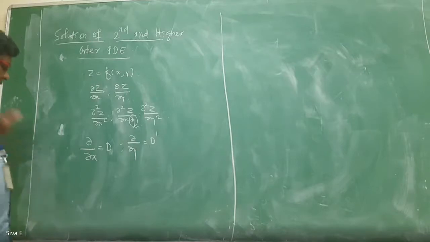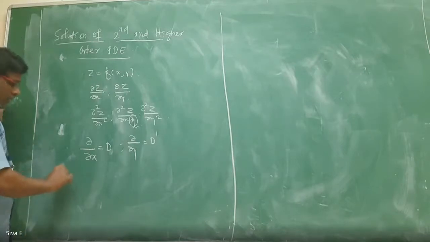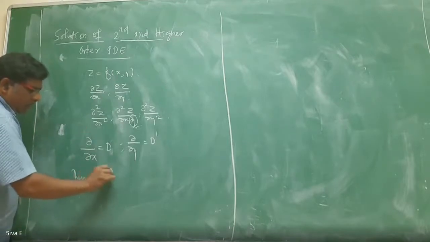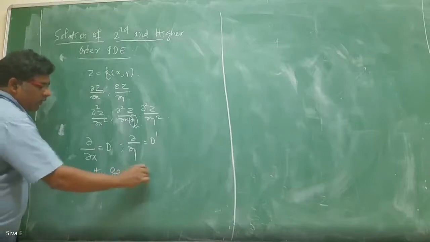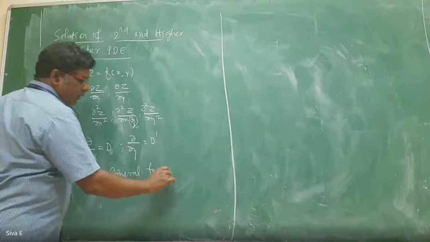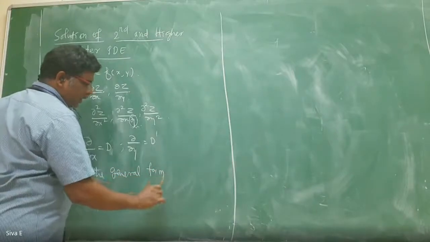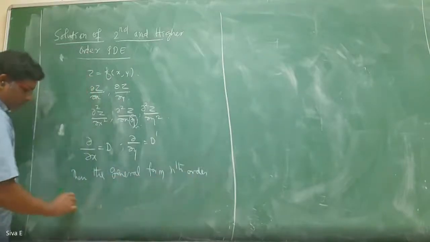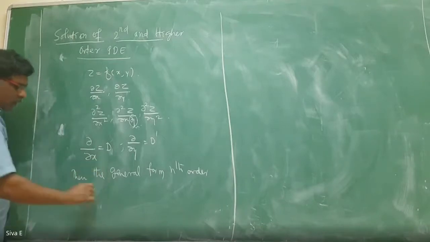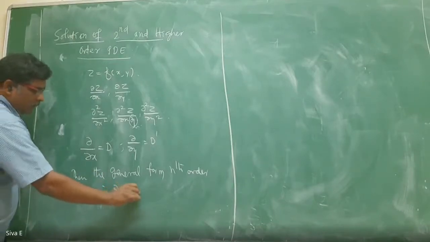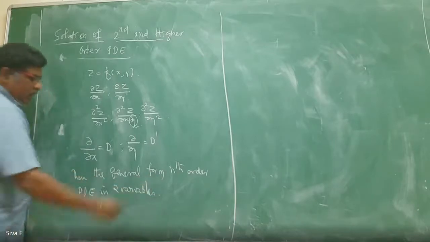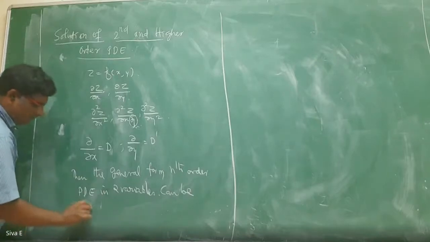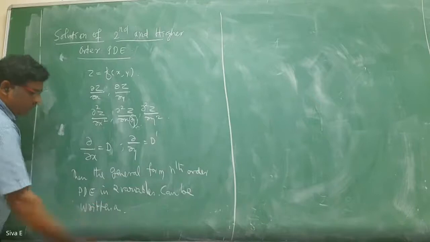How to find this? Then the general form of second order PDE or nth order PDE in two variables can be written as, so how to write that?